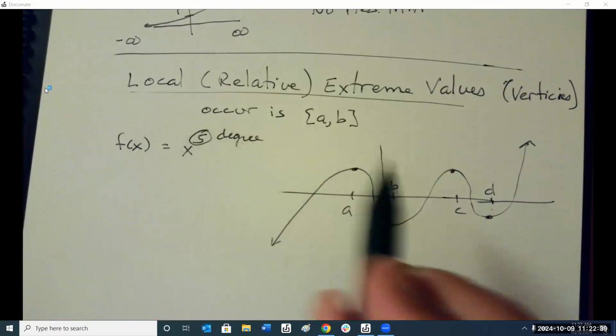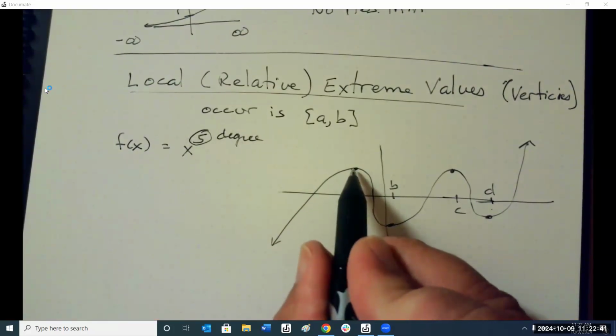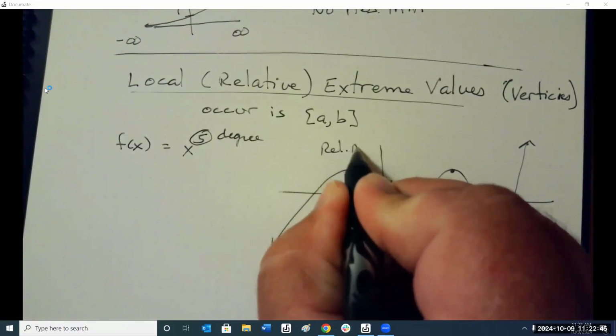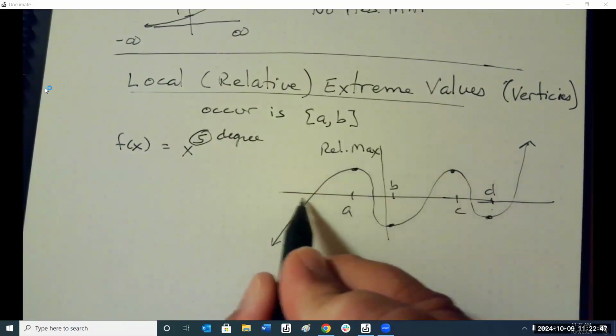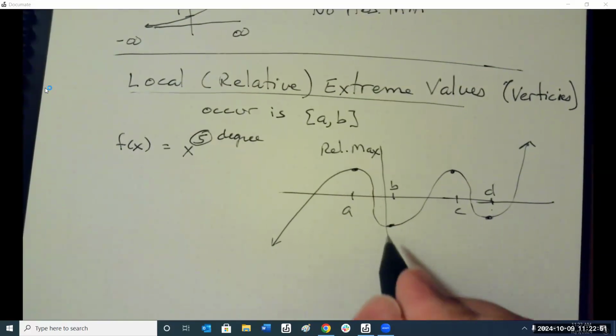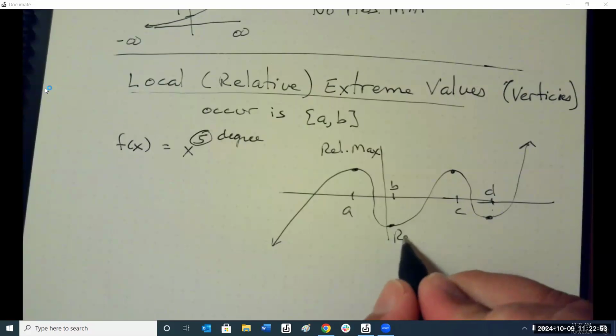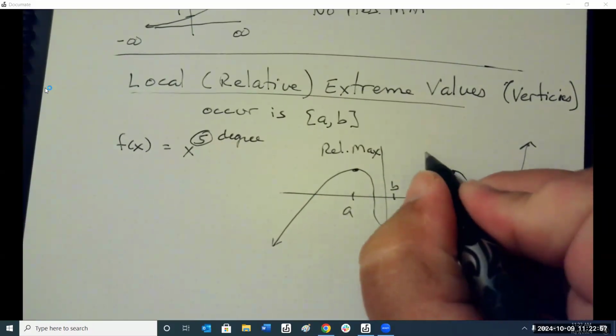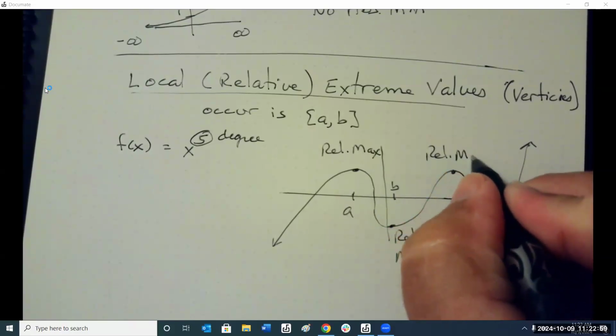The reason they're called local is because this one's the highest. This is called the relative max, because on some smaller interval, it's the highest number. This one's called a relative minimum because it's the lowest. This is also called a relative max.